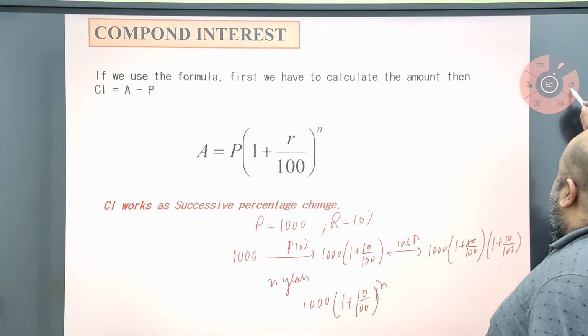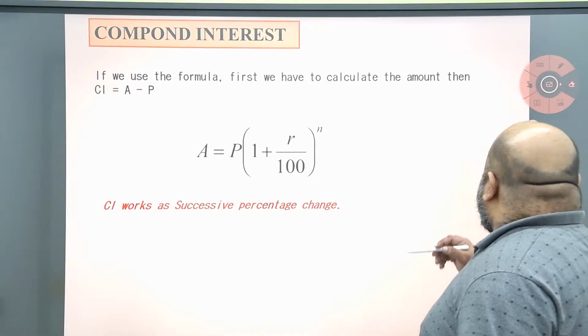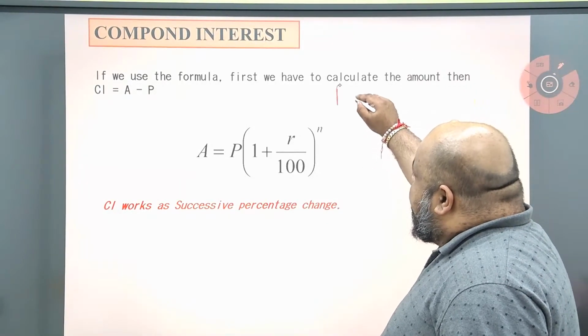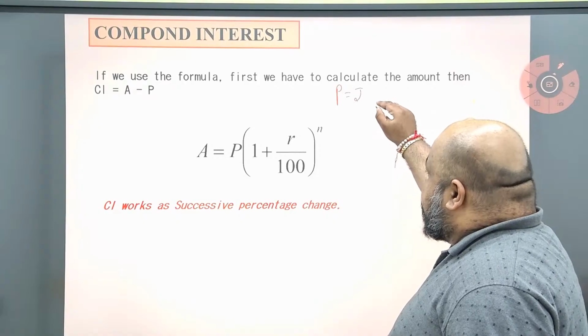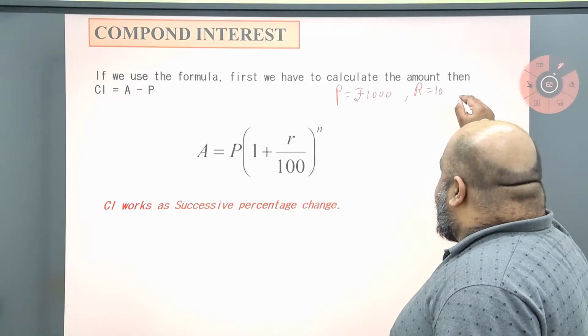Now, what I want you to do is make a set of calculations without using the formula, obviously. I am starting with the principal of 10,000 rupees. The rate is 10%.